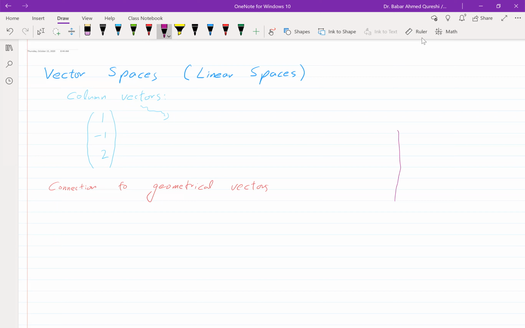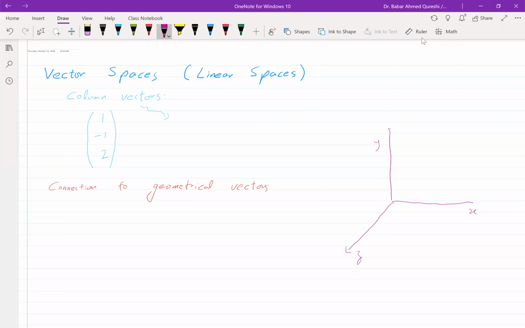If I consider this kind of a three-dimensional space, with x, y, and z axis.